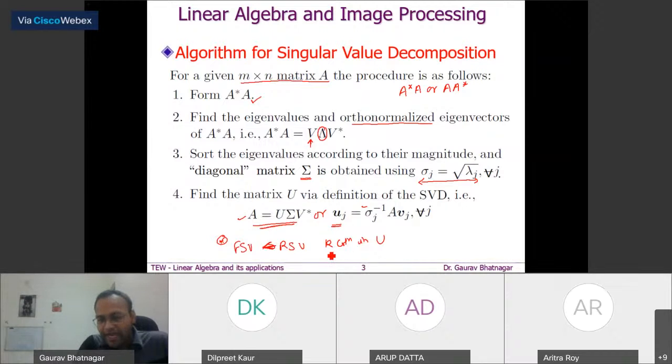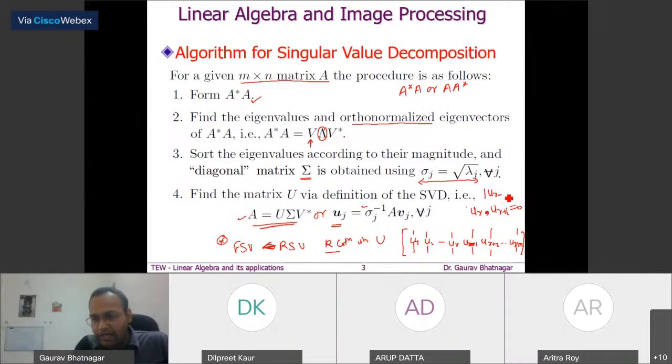In order to do that, I'm looking for k additional columns which are going to be added in U. What I have right now is the column u1, the column u2, up to the column u r, and I'm looking for k more columns so that I get the full dimension of the matrix U. So now you can add columns u r plus 1, u r plus 2, up to u r plus k, such that the dot product between u j and u r plus i is going to be 0, meaning these are orthogonal in nature, and the length of u r plus i is equal to 1 for all values of i.